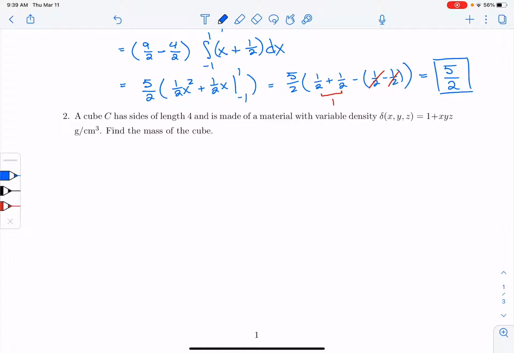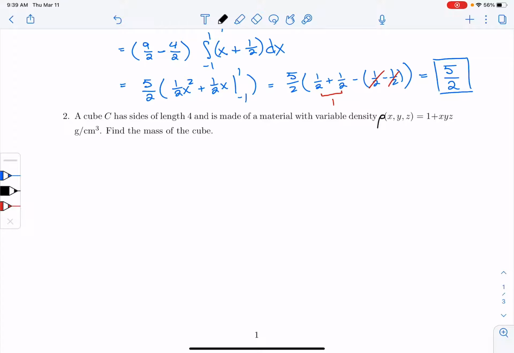That density, I believe on your handouts, is going to be a rho. So the density is rho of x, y, z, and it's equal to 1 plus x times y times z, grams per centimeter cubed. And we want to find the mass of the cube.